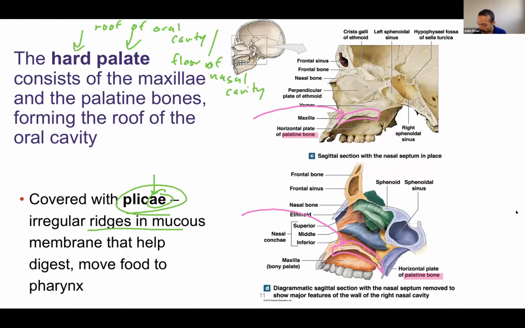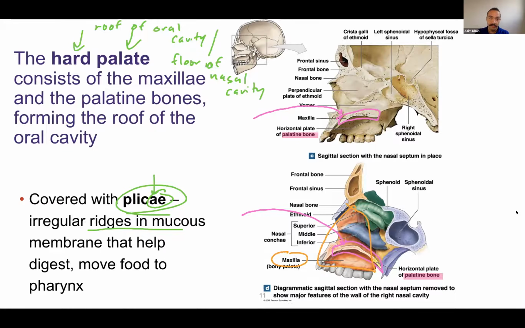Sorry, let me point it out here. The maxilla in the bottom picture is pointed out here in orange. The maxilla actually takes up a good portion of your face, the middle portion of your face. It houses your teeth, your upper teeth at least, and there's one on either side, one maxilla on the right side, one maxilla on the left side, plural maxillae.